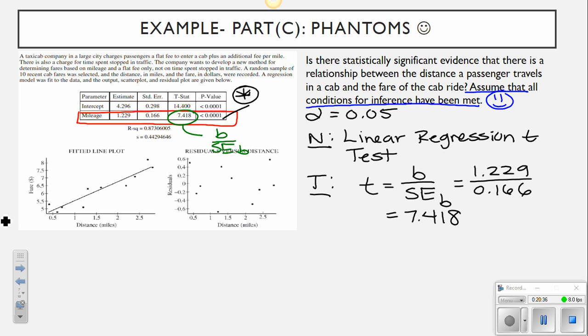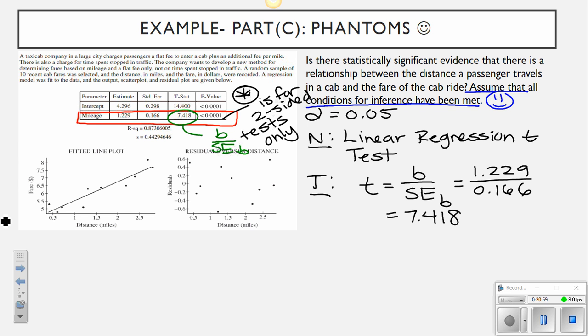Now, I do need you to make this note. This p-value is for two-sided tests only. So my question is, if you want to determine if there is a negative relationship or a positive, which is one-sided, what would you have to do to this p-value?